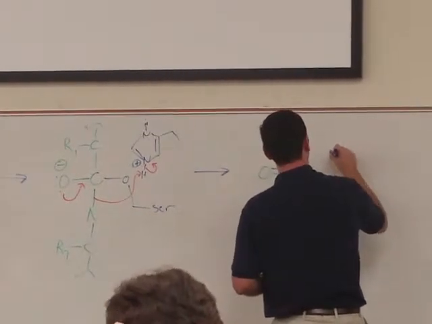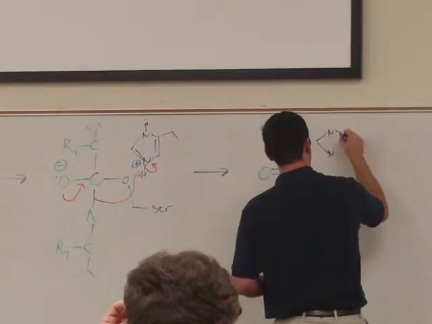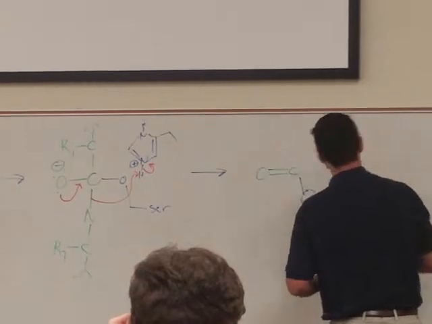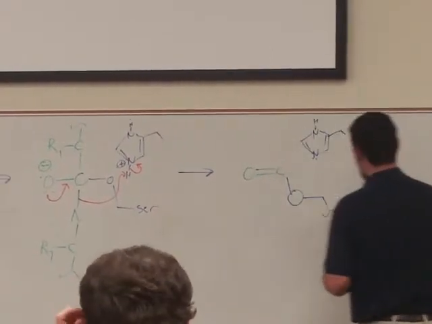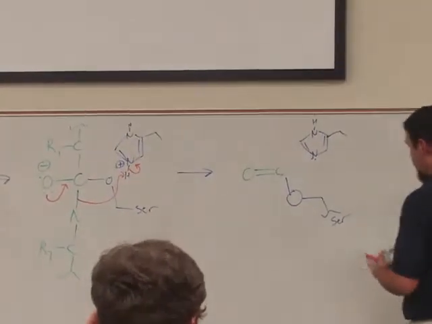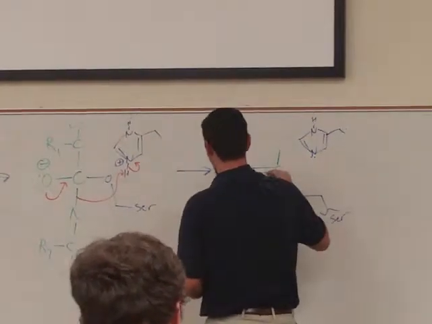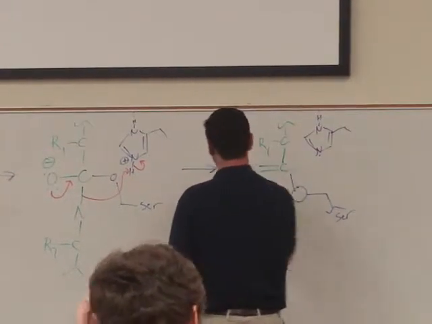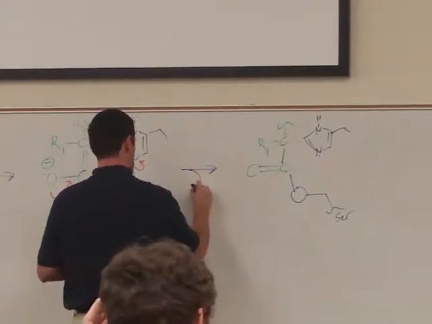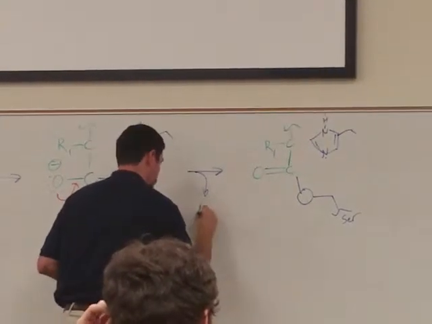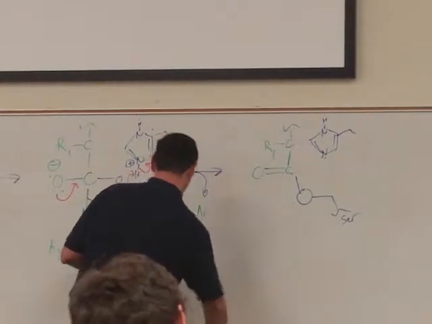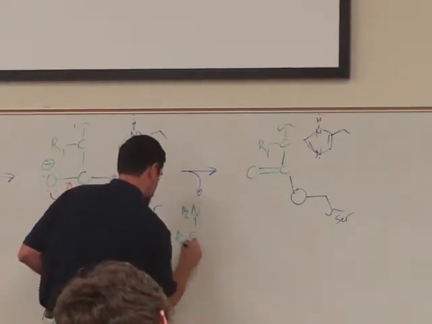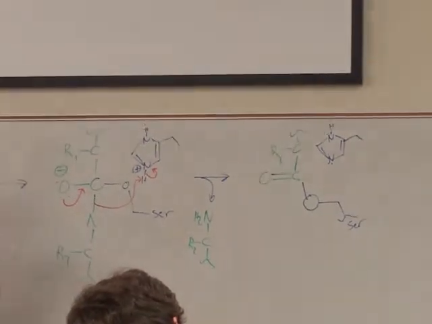And now we have our regenerated histidine. It's 3 lone pair of electrons, okay, and then what's left here is our NH2, C, R2, whatever was attached to it, right?